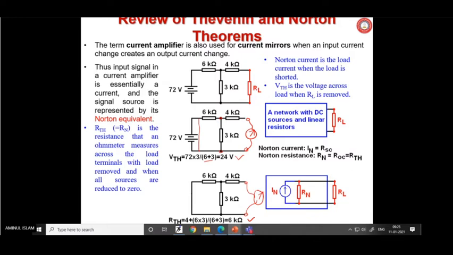This side is your input, and on this side the load resistance RL is connected to the collector. So output will be taken across this point. You see that the emitter is common for both input as well as output. So it is called common emitter configuration.